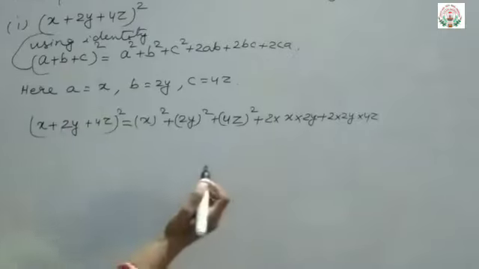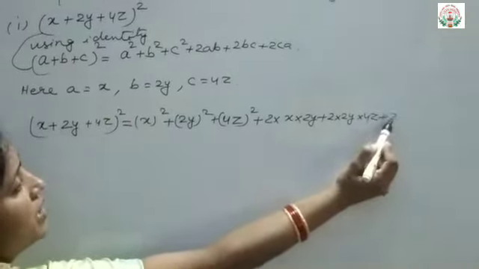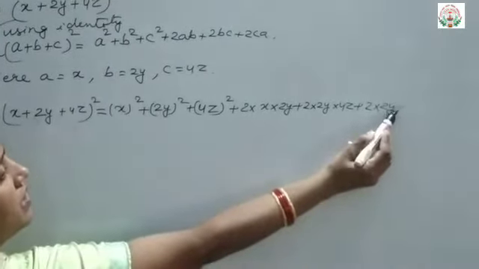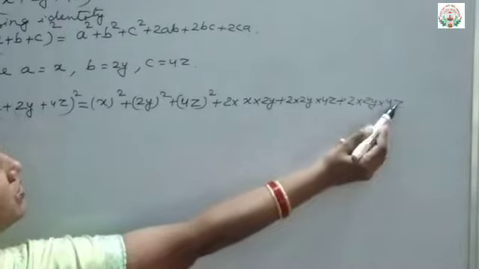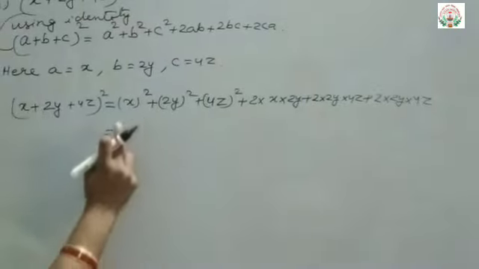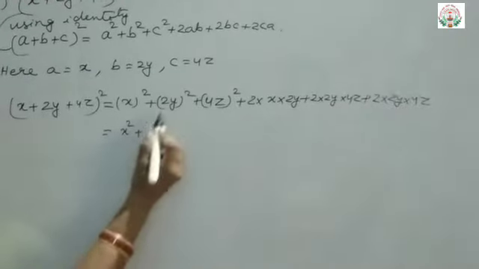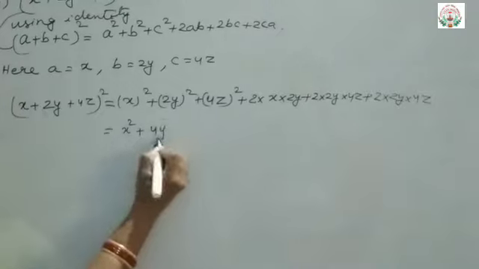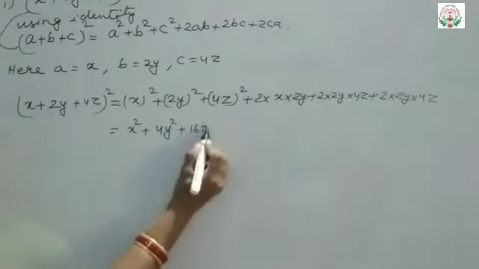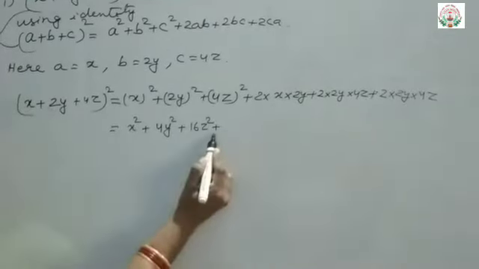Okay, and then plus you can write 2 into 2y into 4z. Okay, and which is equals to, now x whole square will be x square plus 2 square is 4 y square plus 4 square is 16 z square plus, everywhere plus is there, so plus sign will come.